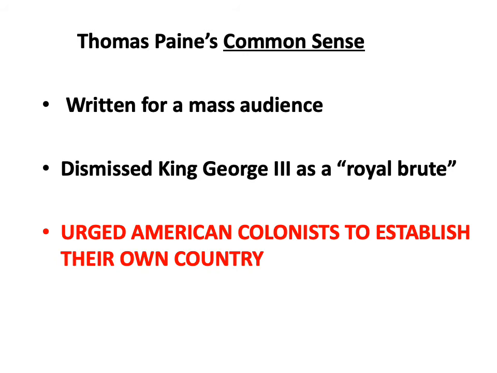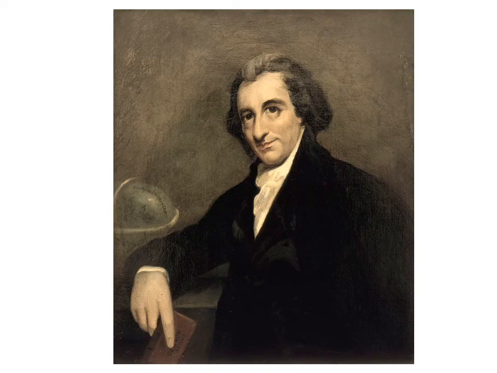And he really, for the first time, urged American colonists to establish their own country. He said the time has come for independence. There is no longer any hope for us in the colonies to continue as British subjects, but we must establish our own country. Here we have a portrait of Thomas Paine.